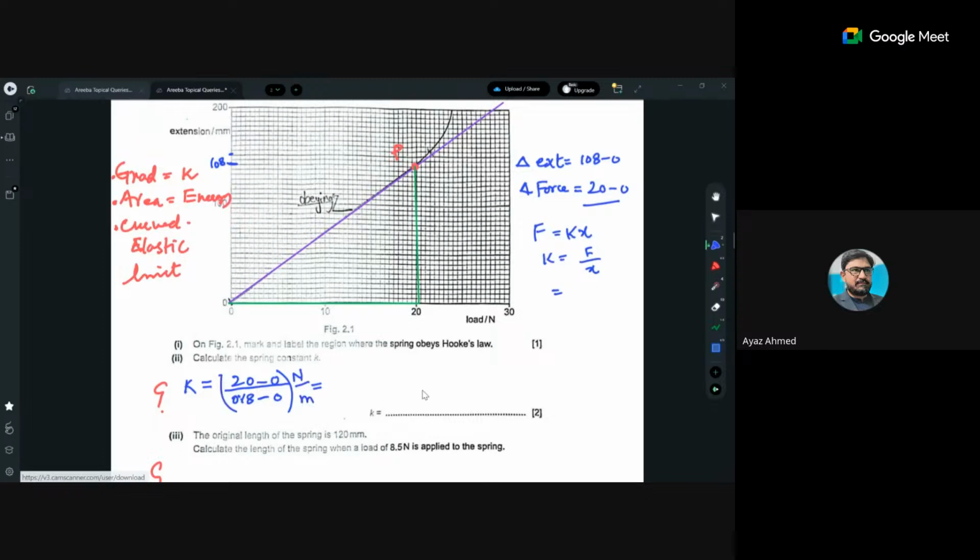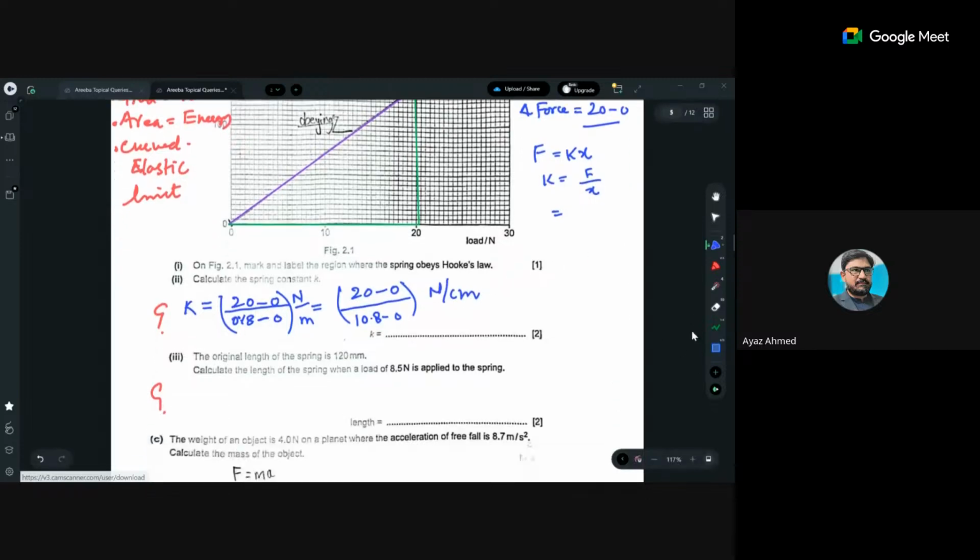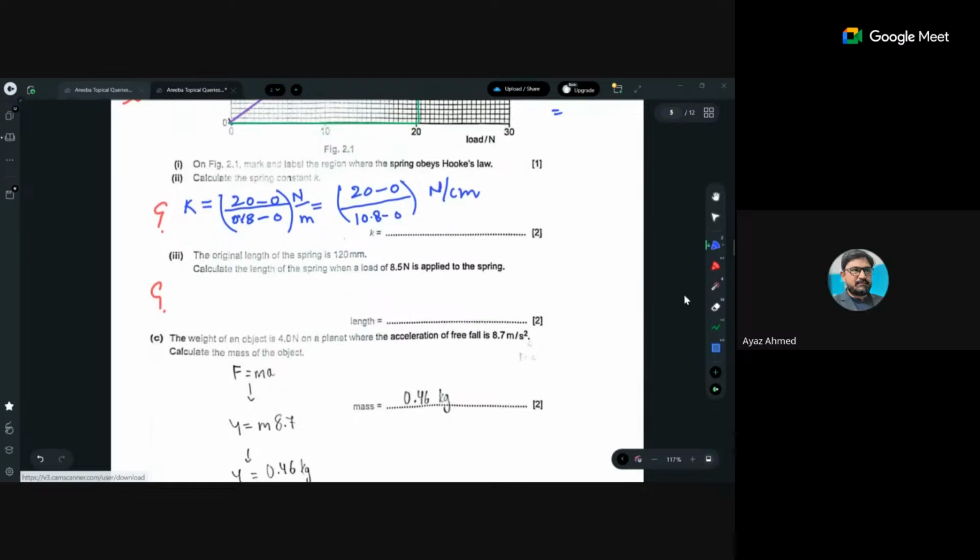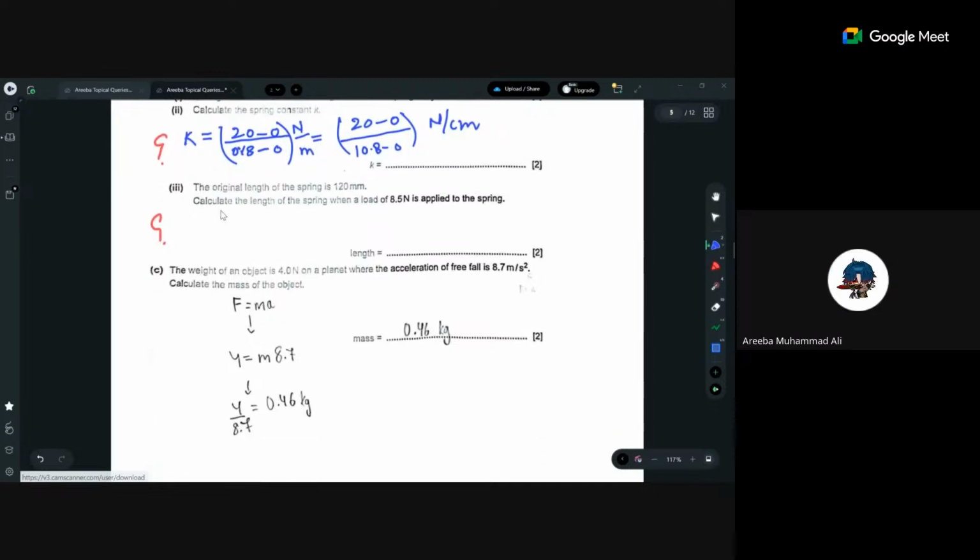Because I have converted into Newton per meter. If you don't convert, you can also write 20 minus 0 divided by 10.8 minus 0, but this answer will be Newton per centimeter. The answer is 111. So you will round it up to 110 Newton per meter.